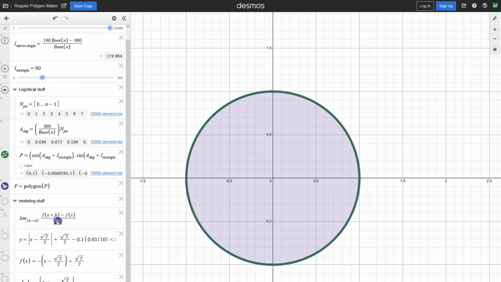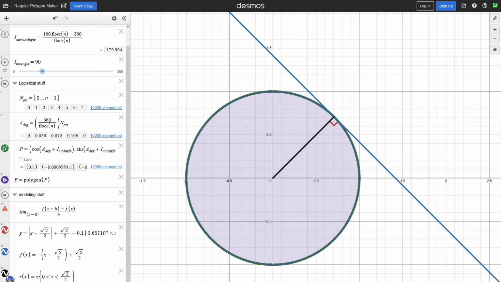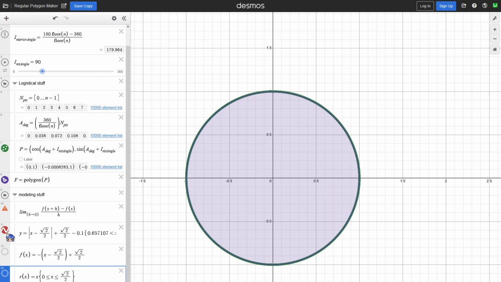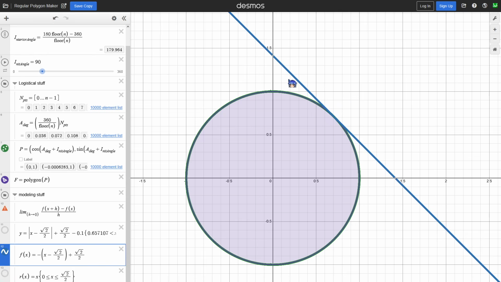We know that the radius of a circle is a fixed measure. The radius of a circle is a fixed length around the whole thing, and we also know that the tangent line of any graph only connects at one point.